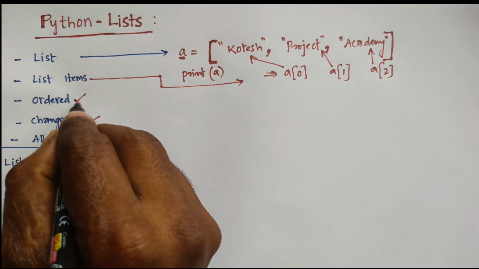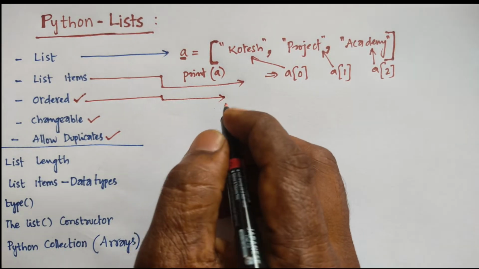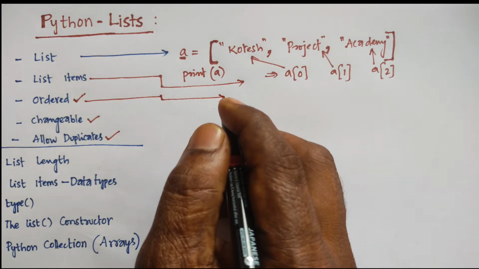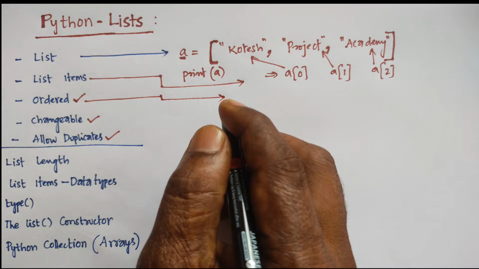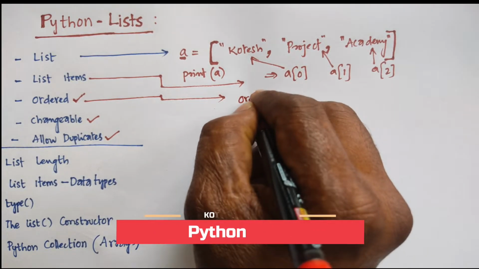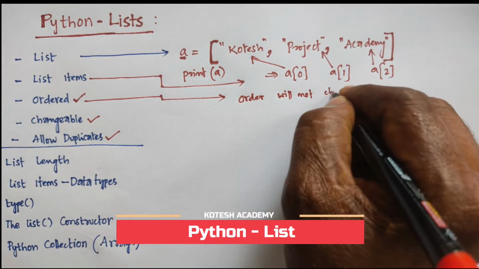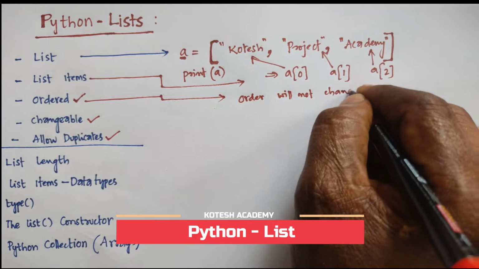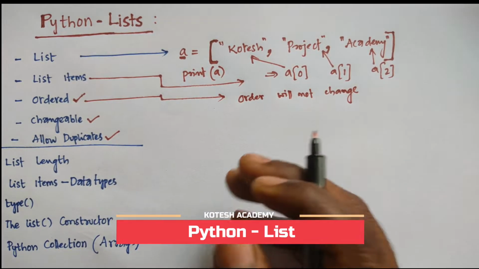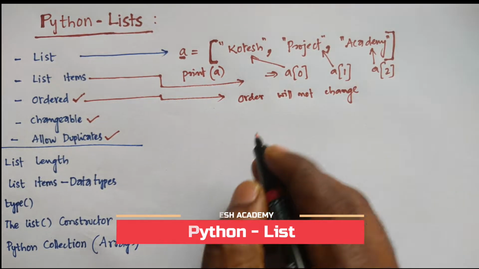So how can you define that order? When we say that lists are ordered, it means that items have a defined order and that order will not change. If you add new items to the list, the new items will be placed at the end of the list.